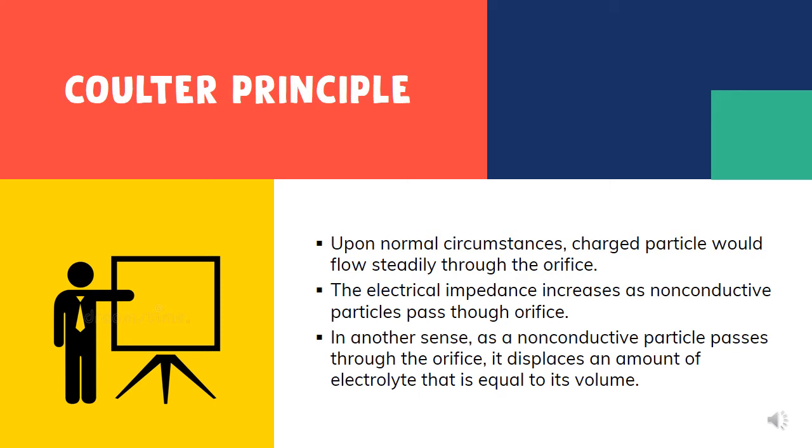Under normal circumstances, charged particles would flow steadily through the orifice. The electrical impedance then increases as non-conductive particles pass through the orifice. In another sense, as non-conductive particles pass through the orifice, they displace an amount of electrolyte equal to their volume.